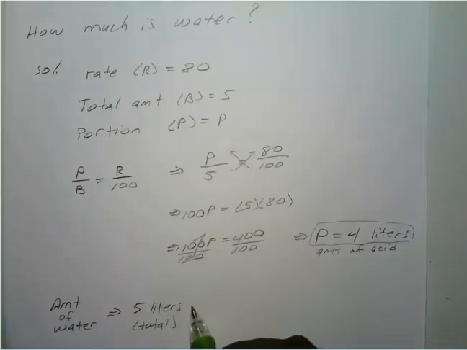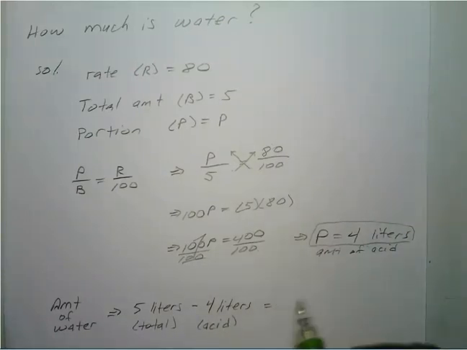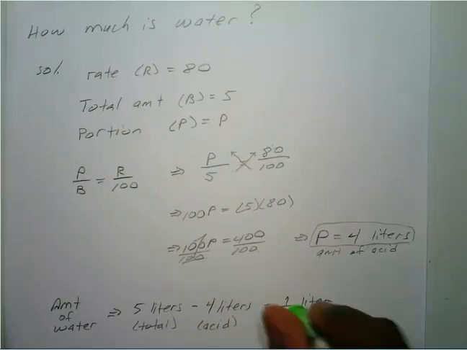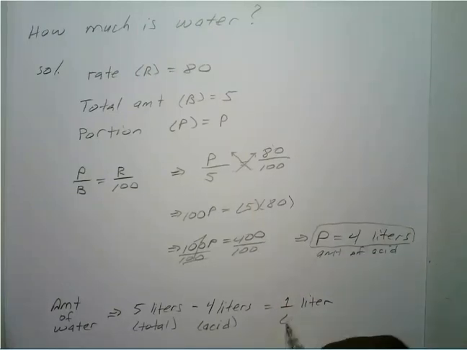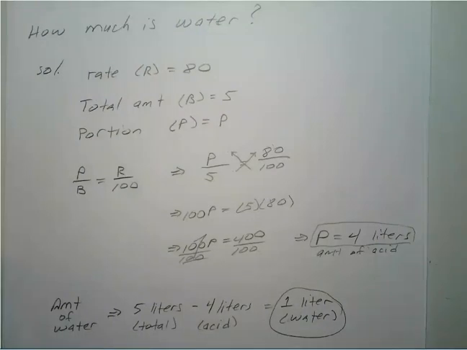Out of 5 liters, if we know that 4 liters of that is acid, then whatever's left has to be water. 5 minus 4 is 1 liter of water. All right, so if you are still writing this, feel free to press pause. But we're going to go ahead and do one more example.